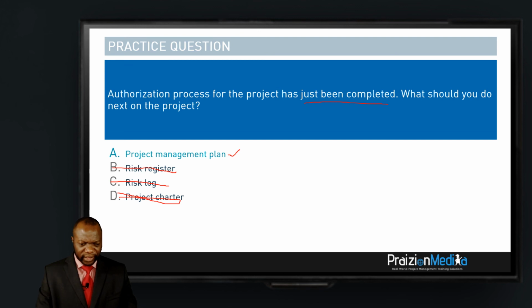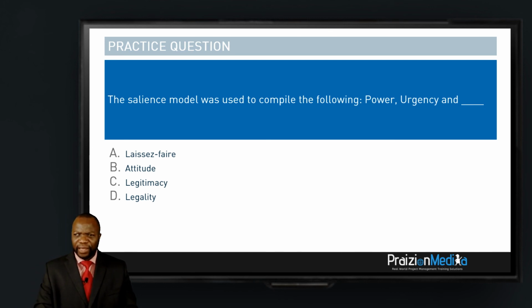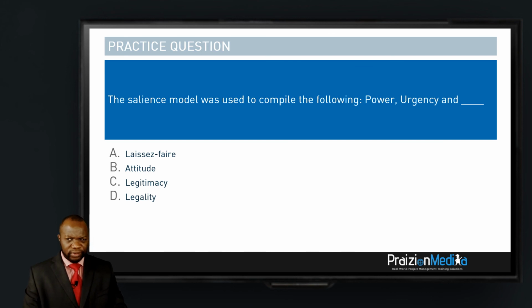Here is your final text question. The salience model was used to compile the following: power, urgency, and what? Power, urgency, and what? 5, 4, 3, 2, 1.